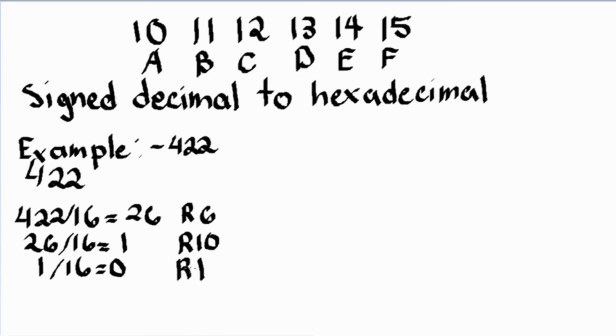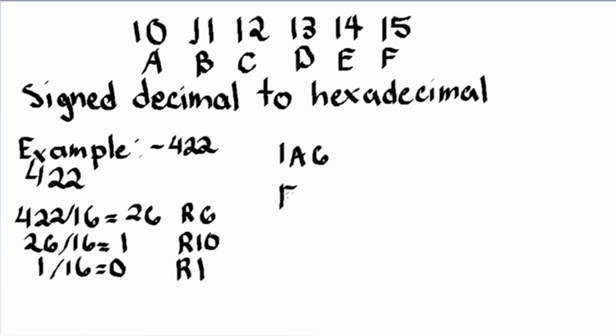Once you have that down, you take the remainder from bottom to top, and 10 in hexadecimal is equivalent to A. Then after that you find the 2's complement of your hexadecimal number, and you get that by subtracting each digit from F, or in this case 15 in hexadecimal.